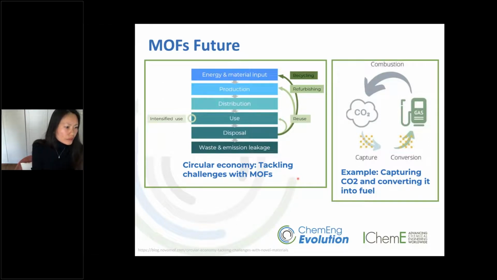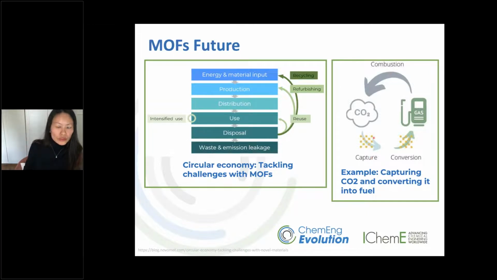At industry scale, we really need to think about a true circular economy. The producers really need to rethink the way of producing goods in order to eliminate waste and continue to use available resources. For example, the disposals here ideally should be reused, refurbished or recycled back, to minimize the resource input. On the right hand side, I give you an excellent example of MOF for circular economies.